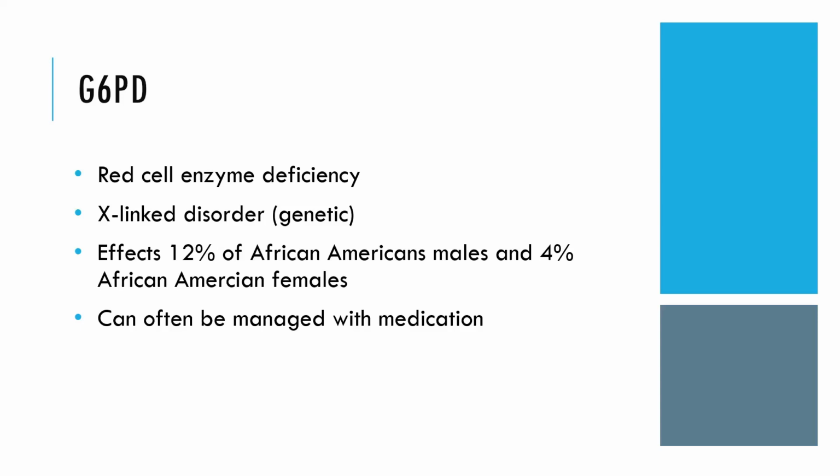So as they have increased breakdown, because they don't have this enzyme to protect the red blood cells, they can struggle with hyperbilirubinemia. It usually can be managed with a medication, and they do fairly well. We just have to catch it and manage it. So I wanted to say a little bit about that.